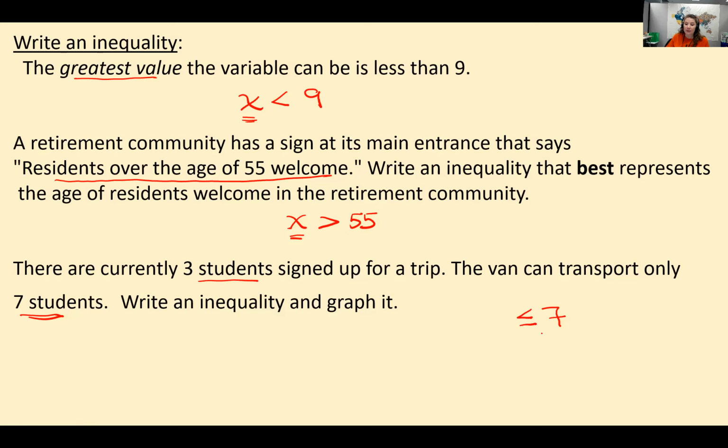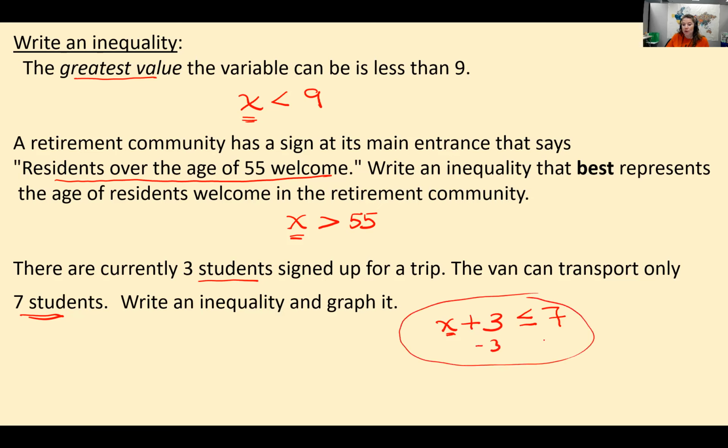So we could put 7 people on the van. We could put 6 or 5 or 4. Well, there's already 3. So we're going to add an unknown number to 3. So this X represents the number of students that can sign up for the trip, plus the 3 that are already coming, and that total must be 7 or less, which is what this says right here.